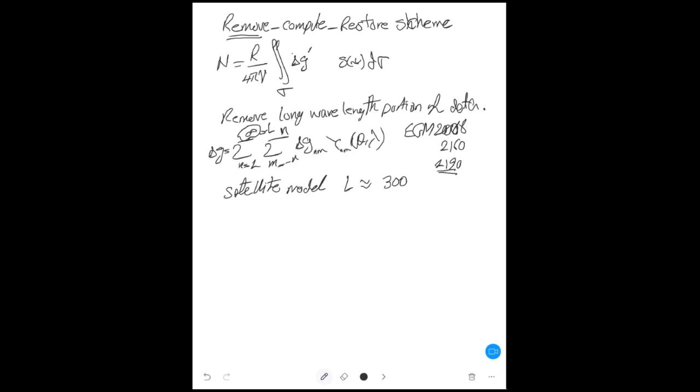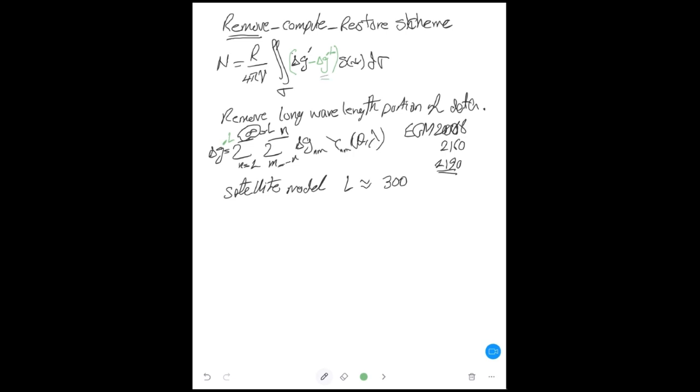But since the data misses the long wavelength portion, what we get out of it is not a complete geoid. It will be some frequencies of the geoid, or we can say high frequencies of it. Thereafter, the low frequencies should be added back to the solution. For example, here I can remove the delta G prime L from the data. This is the first step.